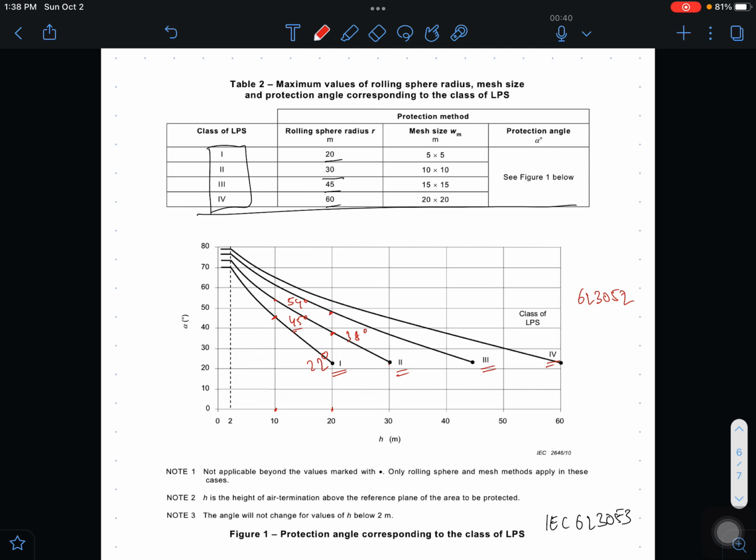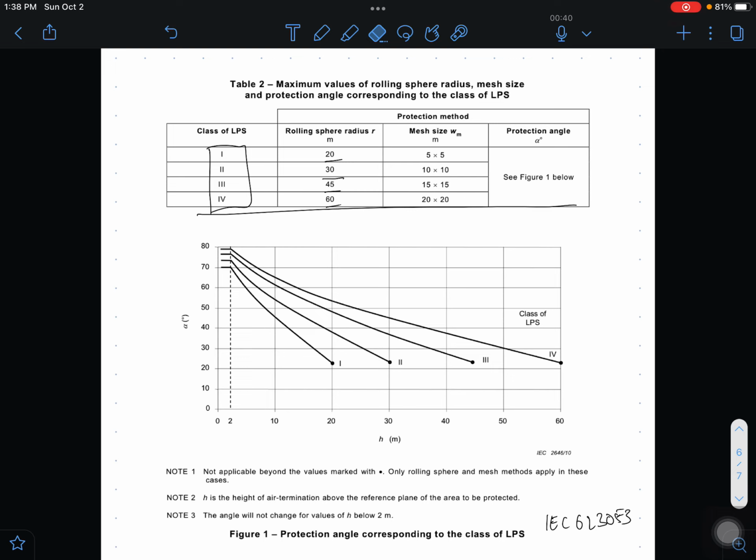Class 3 it will be something separate, you can see 48. Similarly class 4 it will be something around 54 degree. So it depends on H as well as the radius, which is that is class 1, class 2, class 3 or class 4. So using this you can evaluate your protection angle method, and it is very helpful.